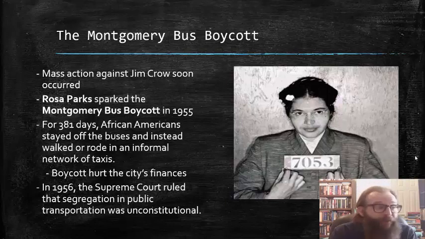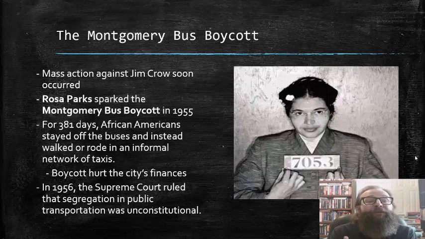Miss Parks very famously refused to give up her seat on the bus to a white man in Montgomery, Alabama in 1955, which led to her arrest and a subsequent court case involving the issue of segregation on public transportation in the South. Rosa's arrest led the African American community in Montgomery to boycott the city bus line.